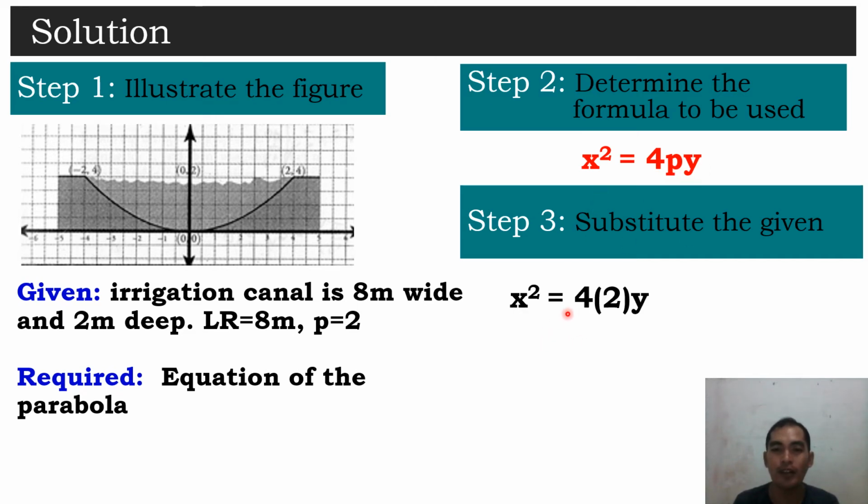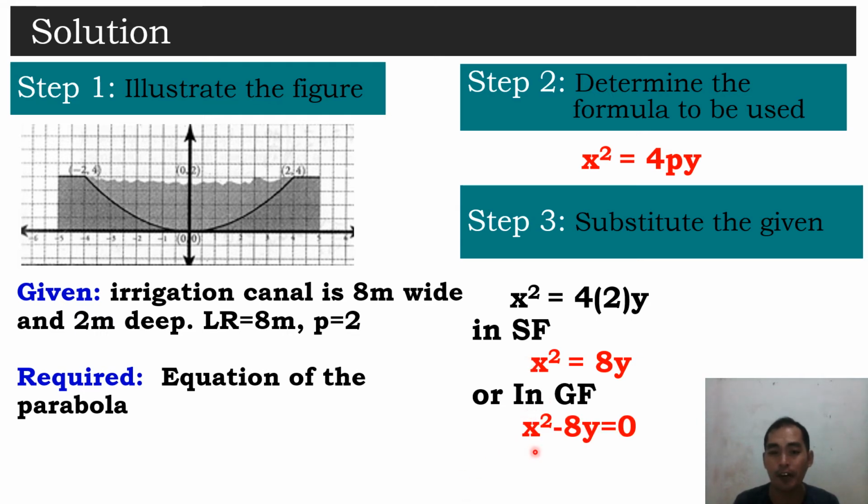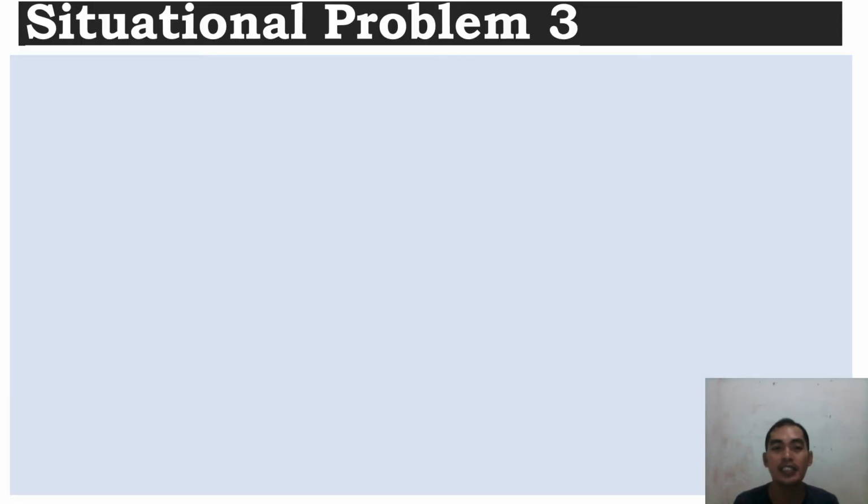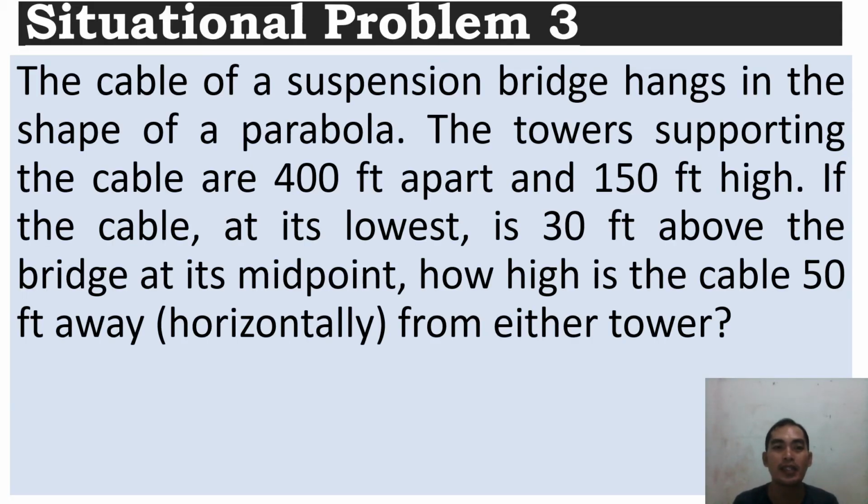So therefore, 4 times 2 is 8. That's 8y equals x squared in standard form, or in general form is x squared minus 8y equals 0. So yan na po ang sagot. That's the answer.